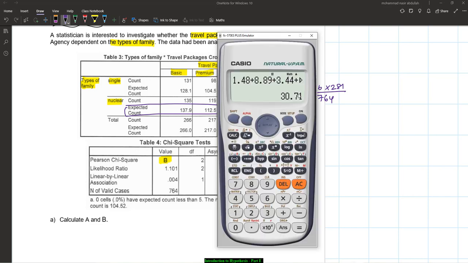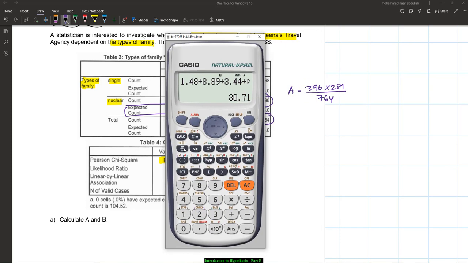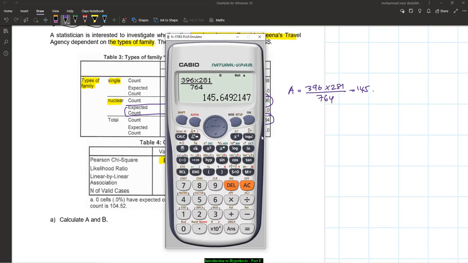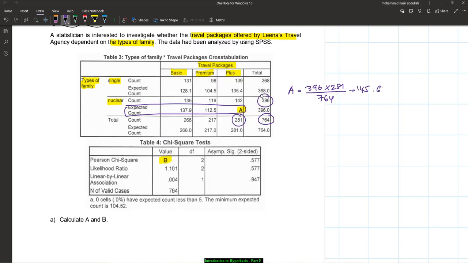So 396 multiplied by 281 divided by 764 should be 145.65. Since they are using one decimal place, it should be 145.7.